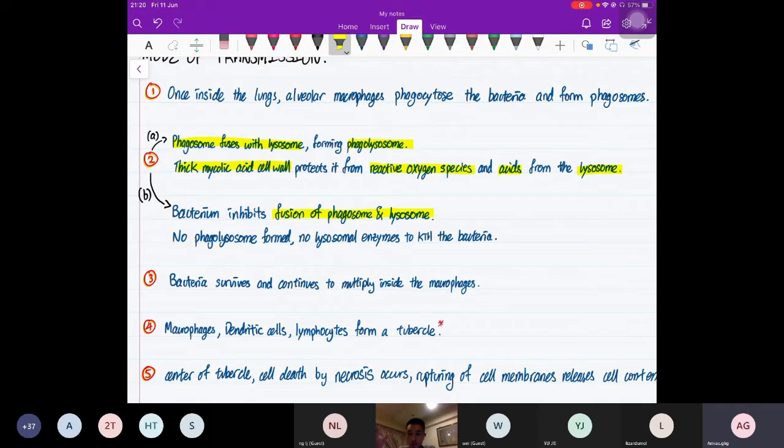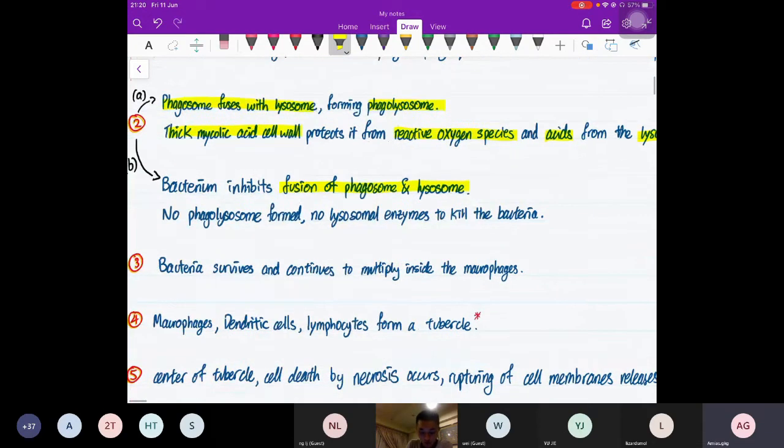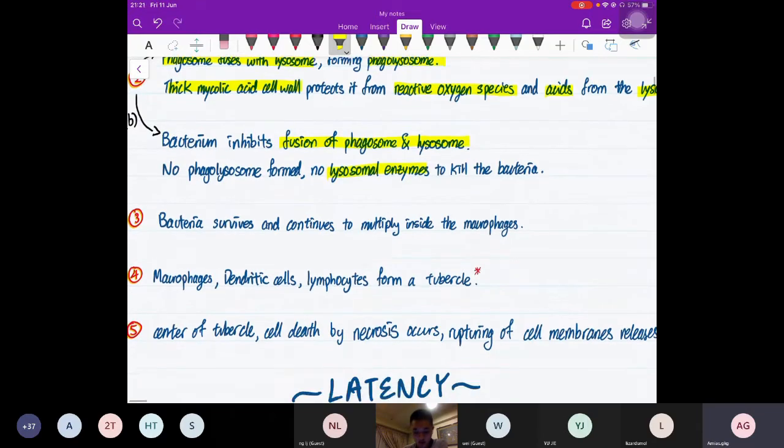It protects the bacteria from hydrolytic enzymes within your lysosome. Second scenario, your bacterium inhibits the fusion of your phagosome and your lysosome. So there's no phagolysosome, and your bacteria is not exposed to your hydrolytic enzymes. Because no phagolysosome is formed, no lysosomal enzymes can kill the bacteria.